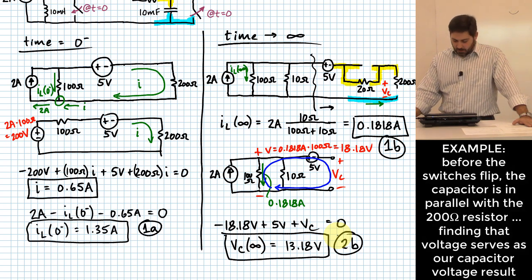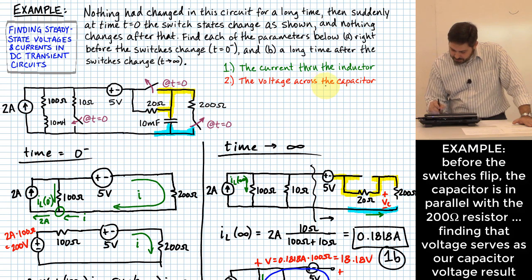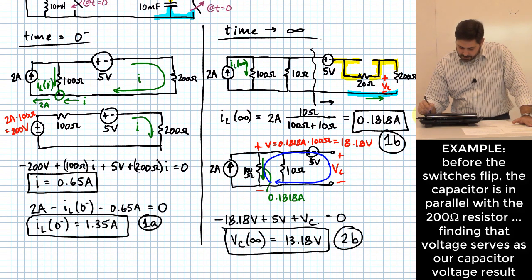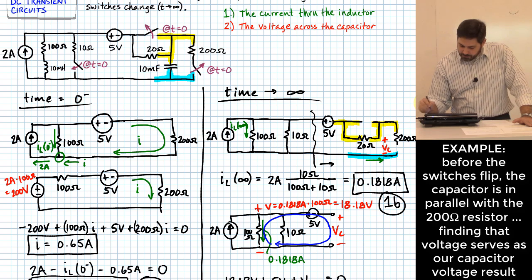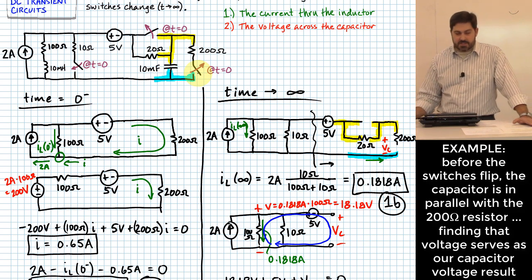Okay. Now what about the question over here, the voltage across the capacitor before we flip the switches? That would be the left circuit. In the state and time before we flip the switches, do we have a circuit element that has the same voltage across it as the capacitor?